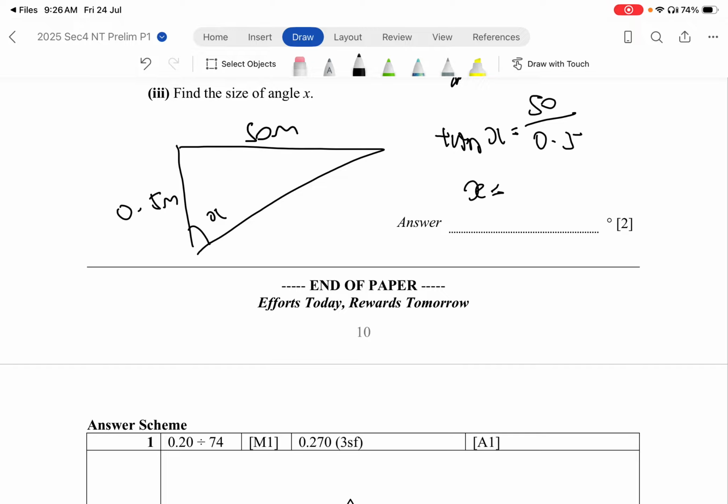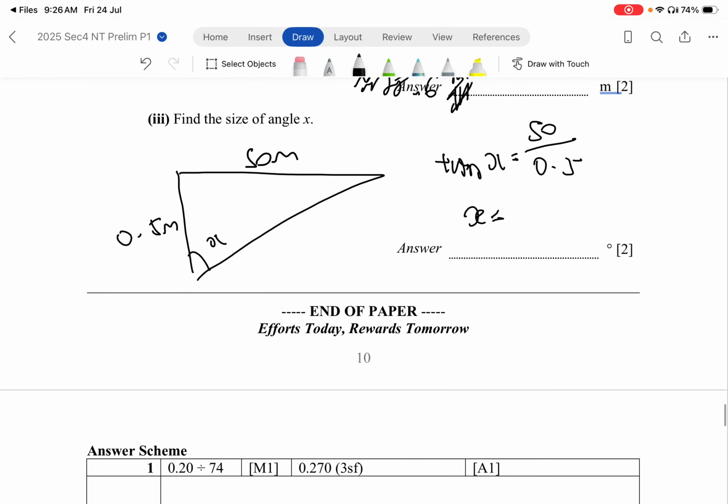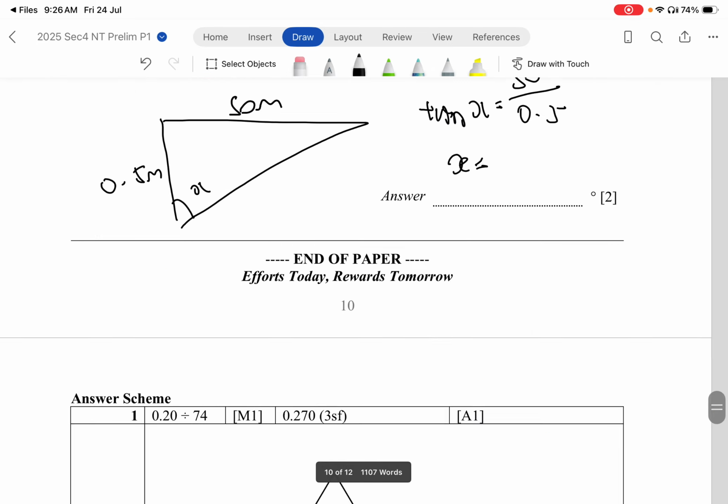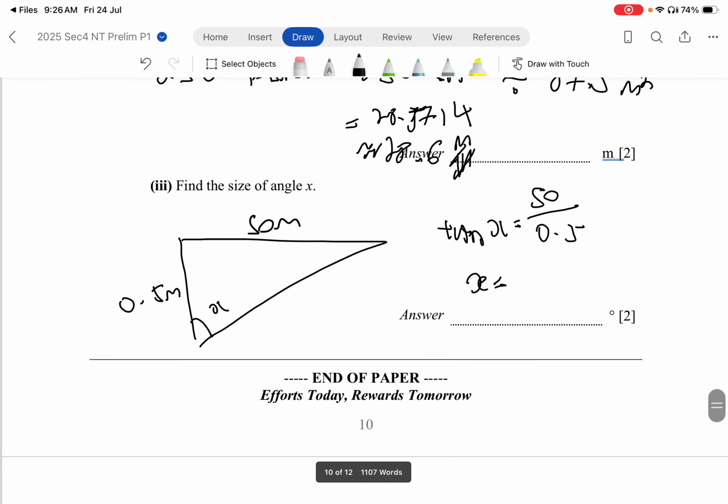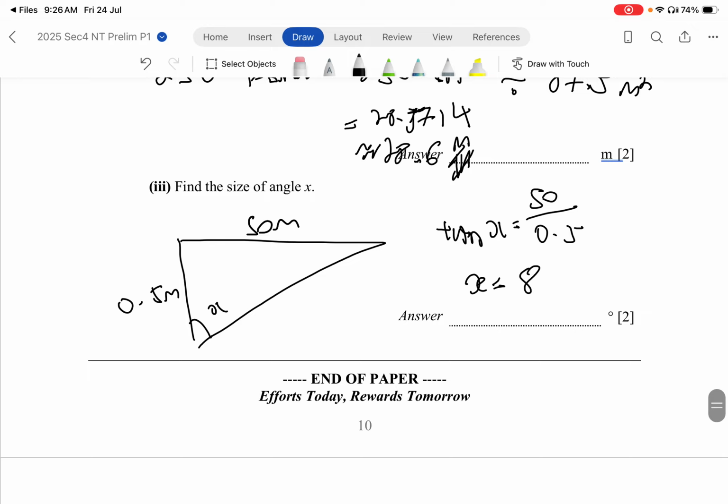Then x will be tangent inverse of 50 over 0.5, which is 89.47, about 89.4 degrees. Okay, that's the size of this angle x.